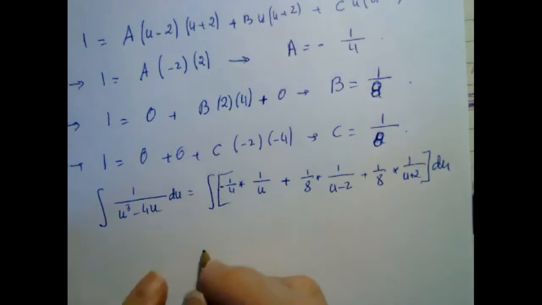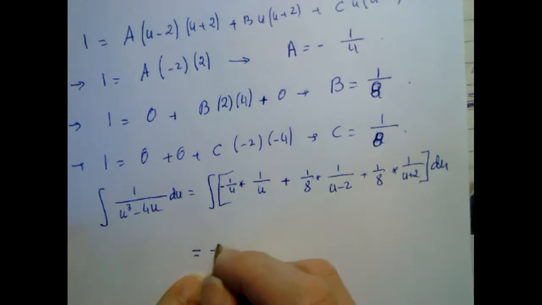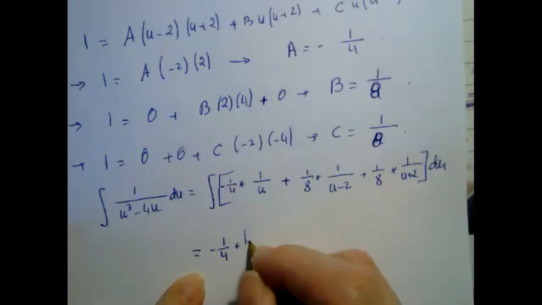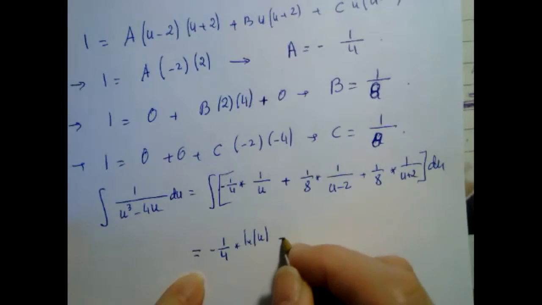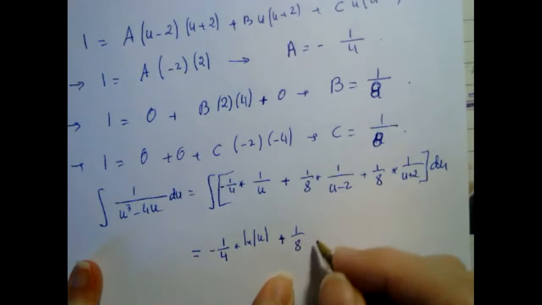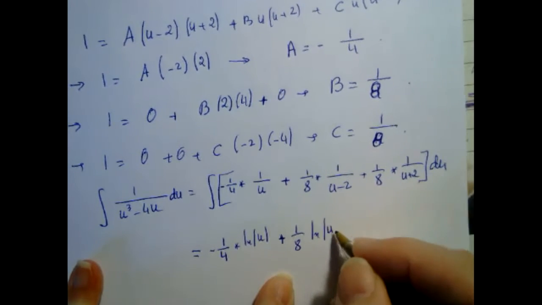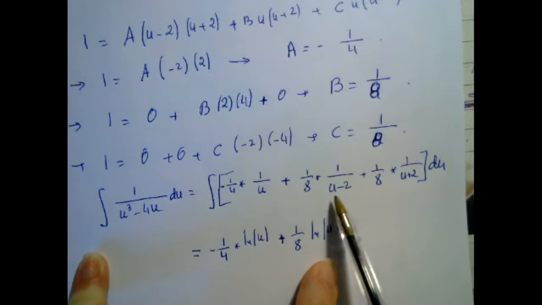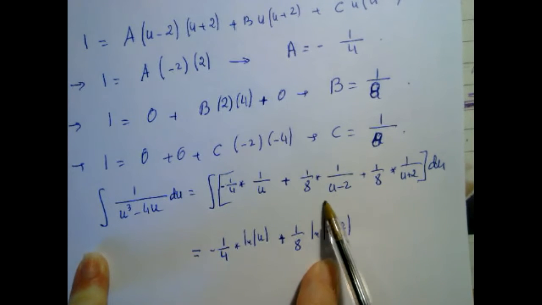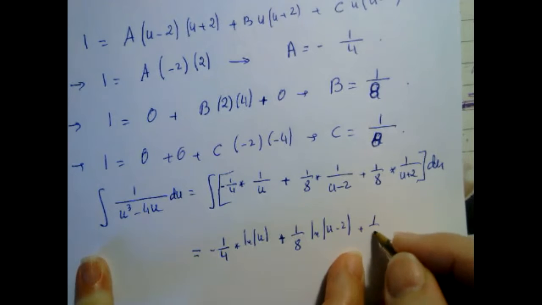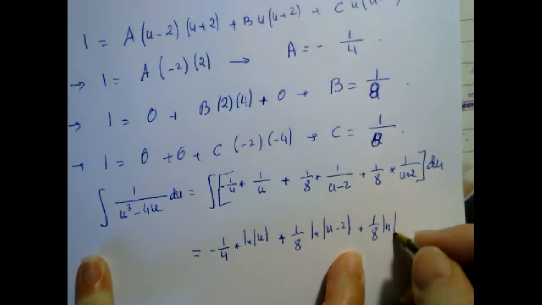It is equal to minus 1 over 4, which is a constant, times the antiderivative of 1 over u, which is the ln of u, plus 1 over 8 times the antiderivative of that, which is also a log term. It is the exact log because if I put t to be u minus 2, the dt will be du. And at the end, I will have that.